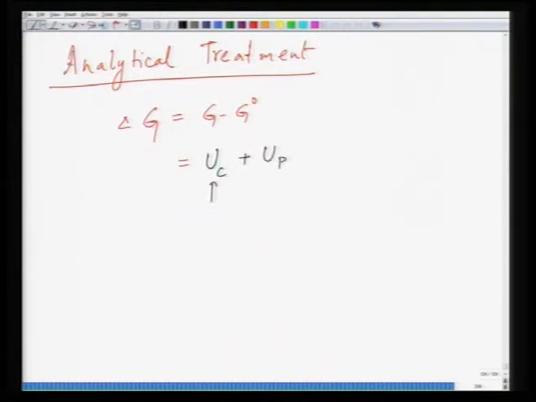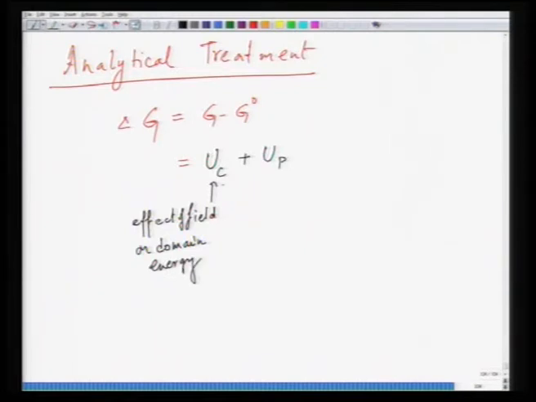U_C is the effect of applied field on domain energy, so there is a field dependence to it as well.